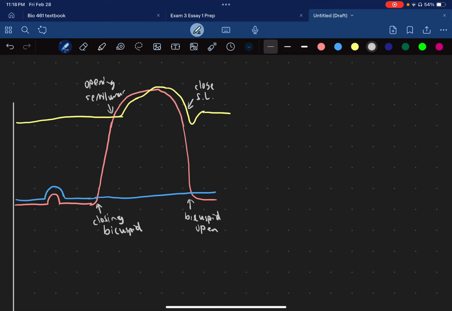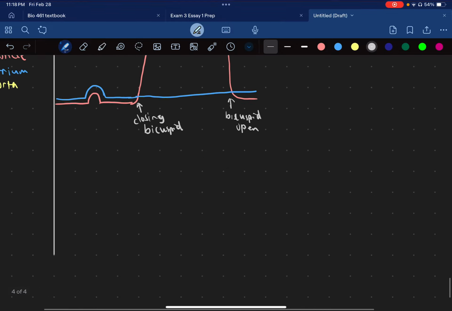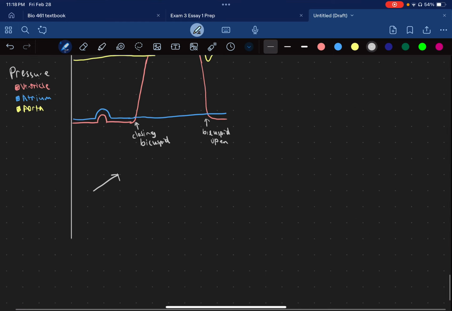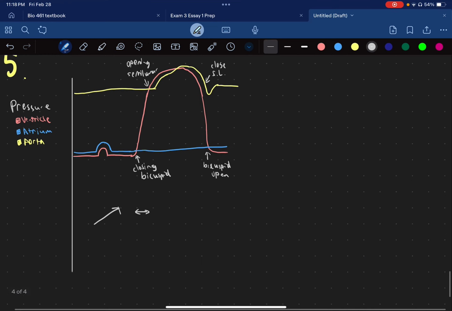As far as volume goes, the volume of the ventricle is going to be increasing during this period. When all the valves are closed in between these two points right here, there's going to be no pressure change, or volume change, sorry. Then, once the semilunar valve opens, there's going to be a decrease in volume.